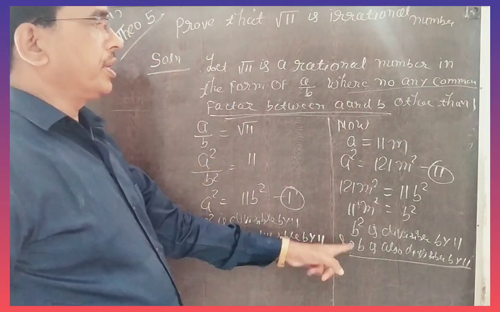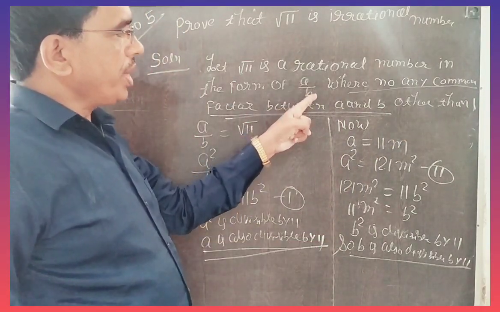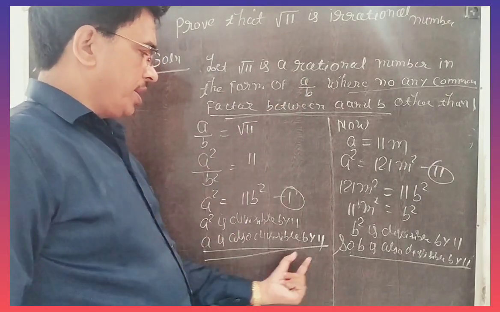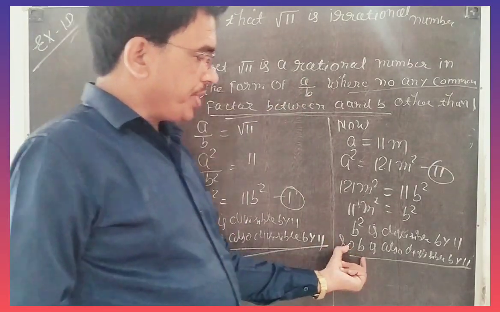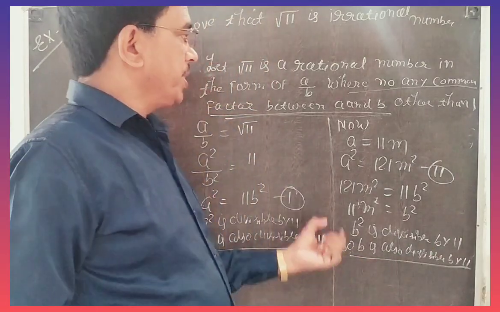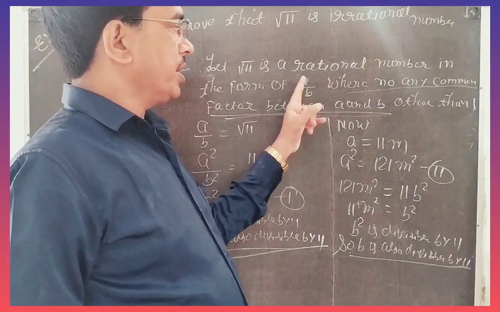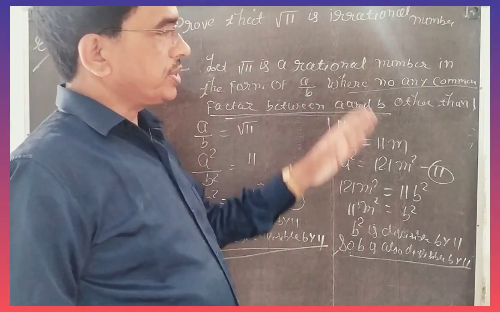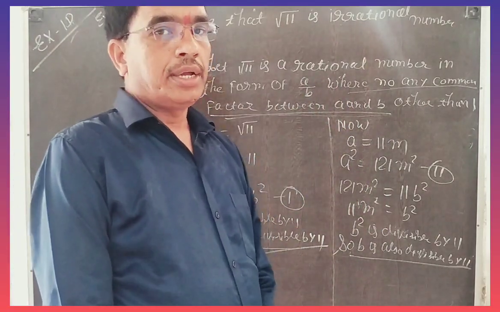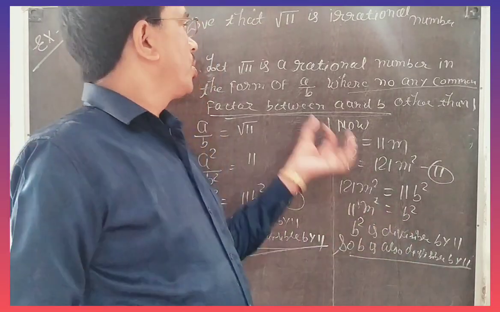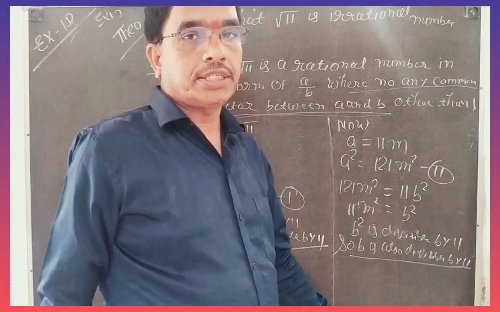So it is a contradiction. And here you write a is divisible by 11 and b is also divisible by 11. That means 11 is a common factor that divides a and b. So our supposition is wrong. It is a contradiction. So root 11 is an irrational number.